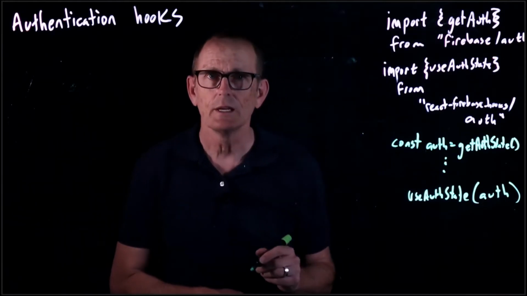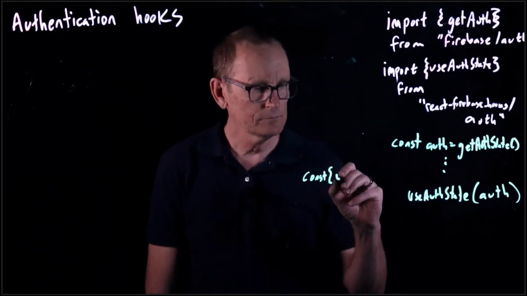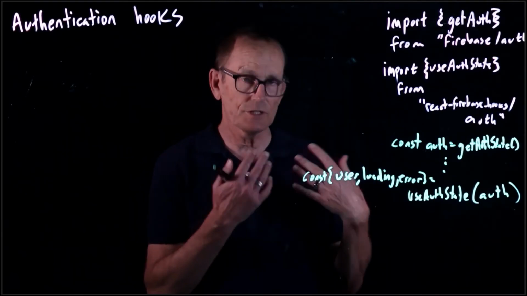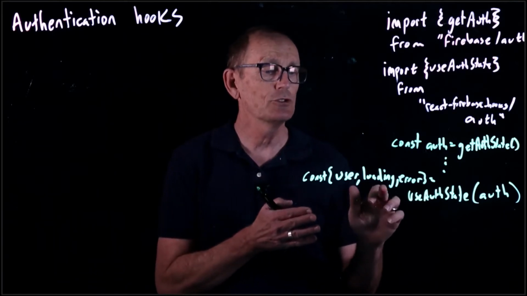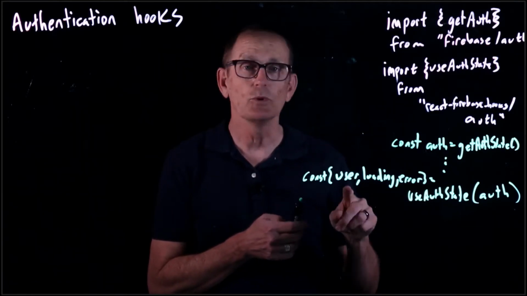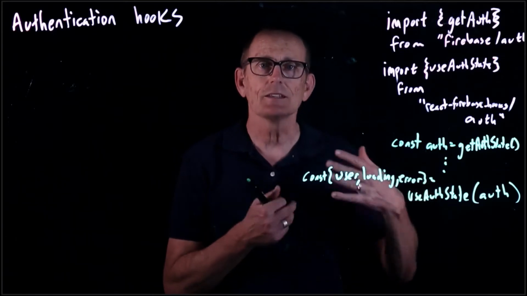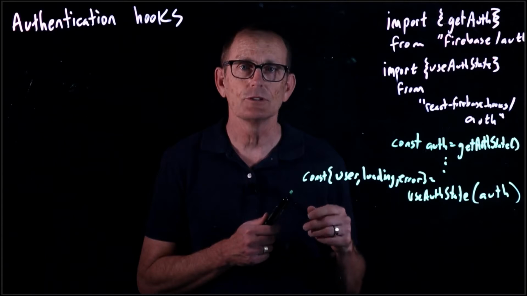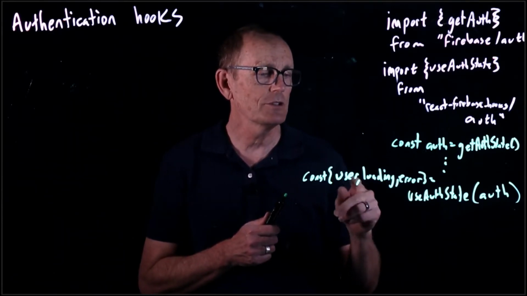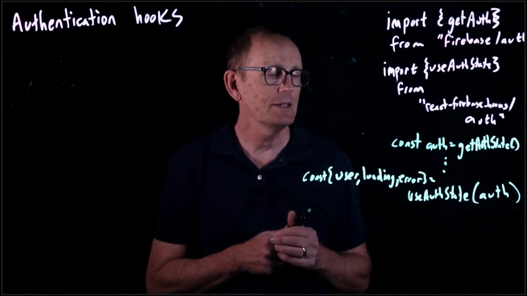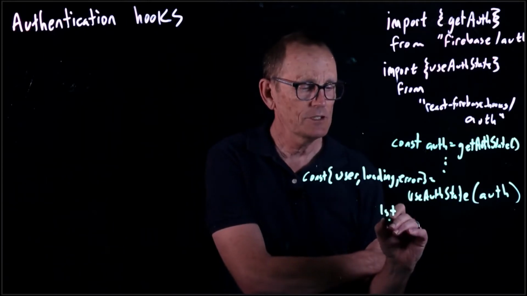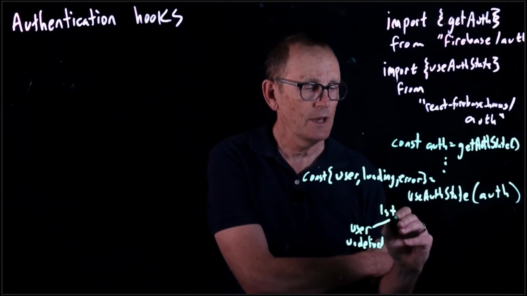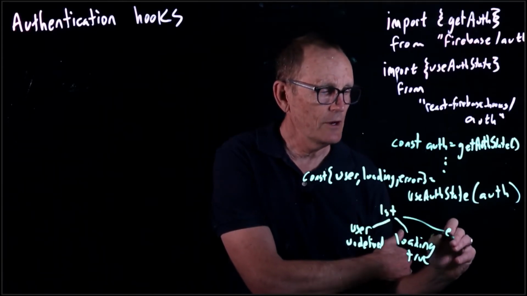This returns us an array of values: user, loading, and error. As we'd imagine, the first time we call this, loading is going to be true and user will be undefined. And then the second time, once it's actually finished its asynchronous call, user is going to either be defined and error be false, or user won't be defined and error will be true. What happens is first time this gets called, we have a user of undefined, loading is true and error is false.